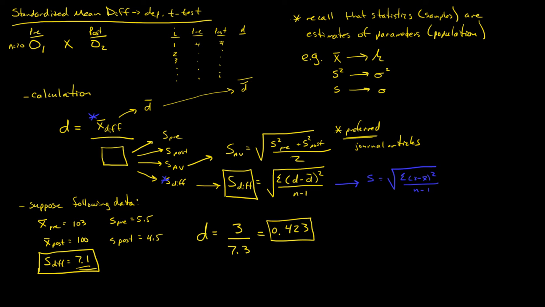And the same is true for d. It estimates delta, the Greek lowercase delta, in the population.